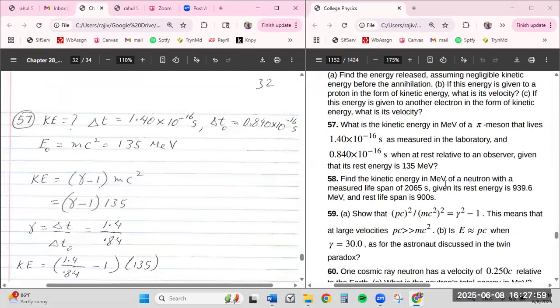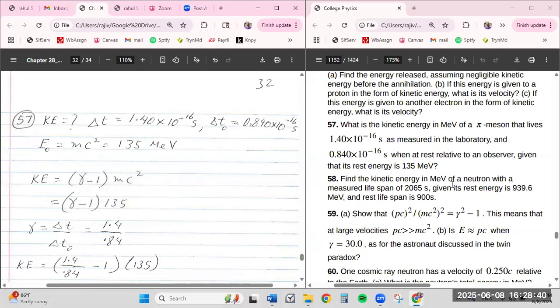Okay, so problem 57 reads: what is the kinetic energy in MeV of a pi meson, which is one of the many subatomic particles, that lives 1.4 times 10 to the negative 16 seconds as measured in the lab, and 0.84 times 10 to the negative 16 seconds when at rest relative to an observer, given that its rest energy is 135 MeV.